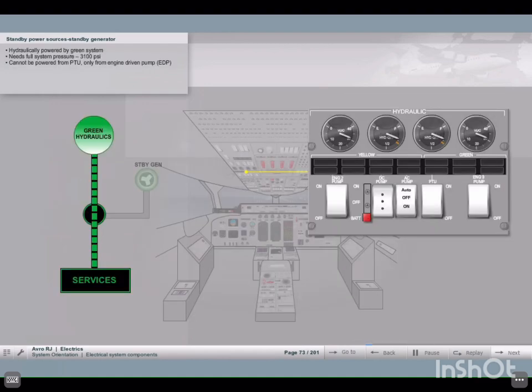The hydraulic standby generator is driven by the green hydraulic system. However, it needs the full system pressure of 3,100 psi to generate the correct output. That means, in turn, it cannot be powered via the PTU.